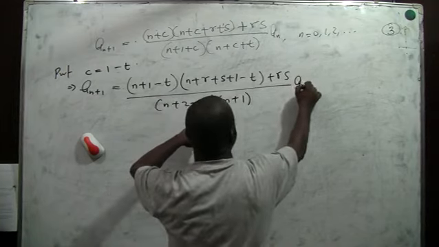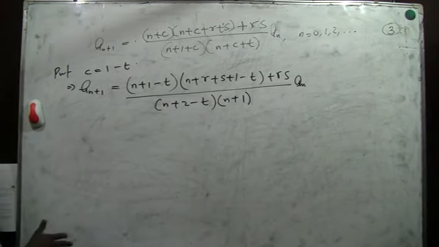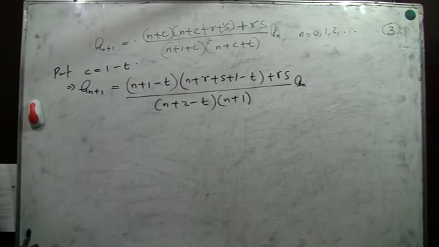Then we have a_n. That's what we have. So we also follow the same way.